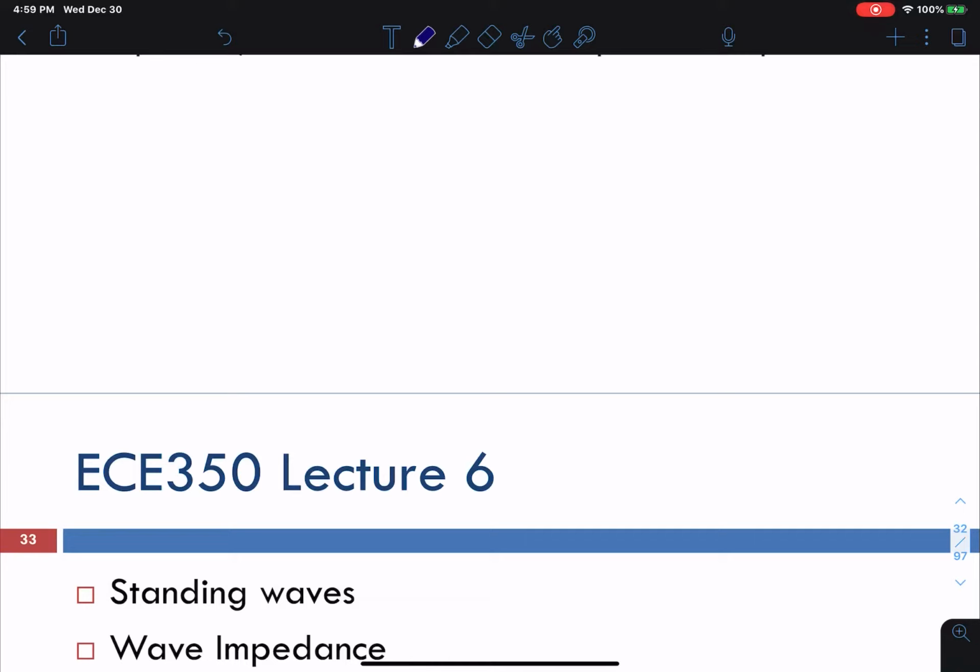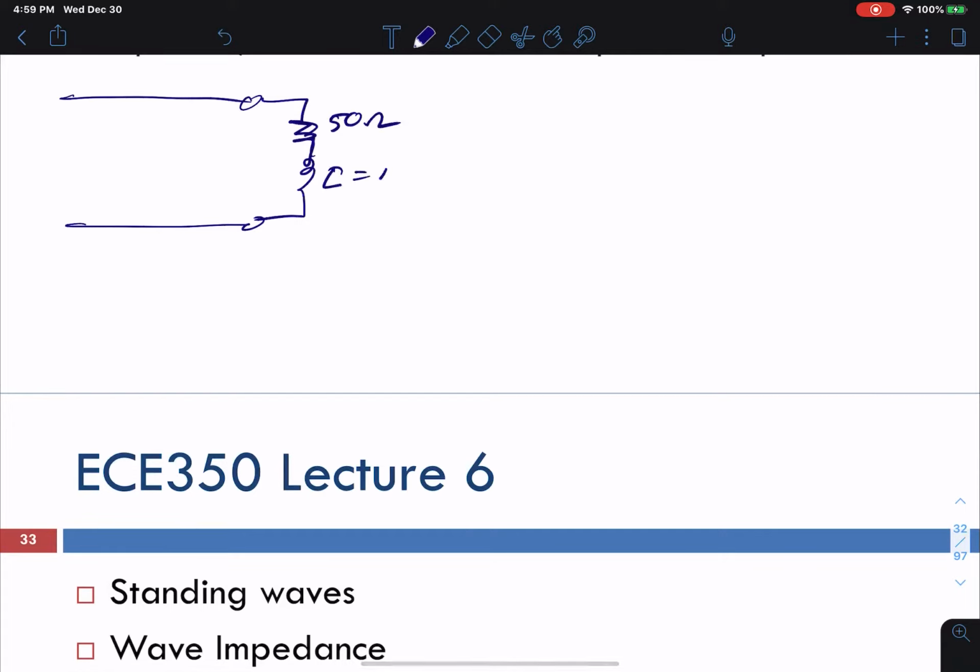Let's say I have a transmission line coming in and connected to a load of 50 ohms in series with a capacitance of 10 picofarads. That's your ZL, right? So ZL would be 50 minus j omega C, which you all know.